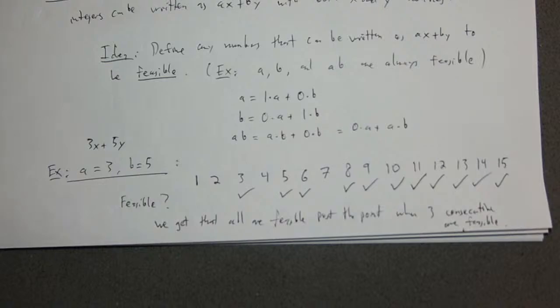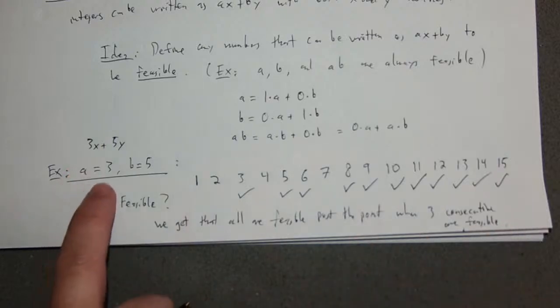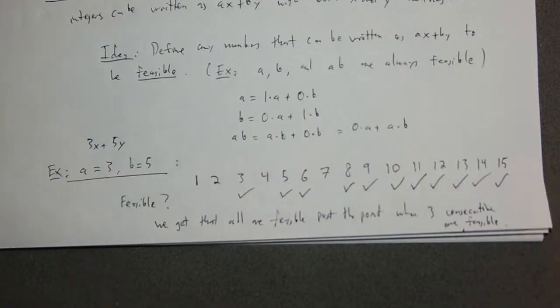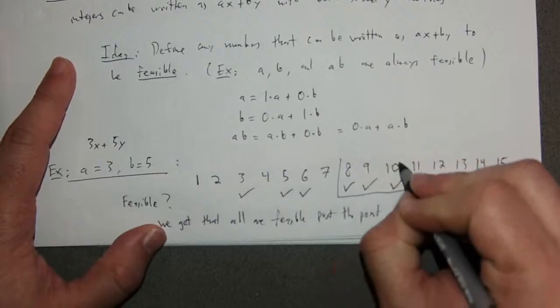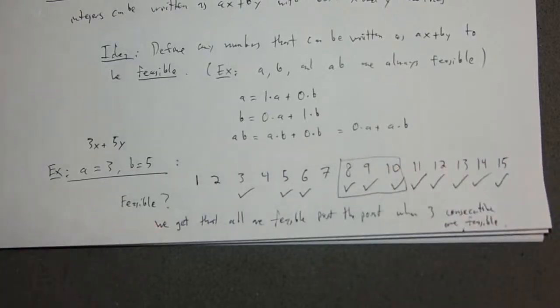Why is that? And of course, this is particular to this problem because a is 3 here. So why does 3 consecutive do? So I claim that once I know that I have 3 consecutive feasible numbers, say 8, 9, and 10, the rest of them have to be feasible. So what's the reasoning here?